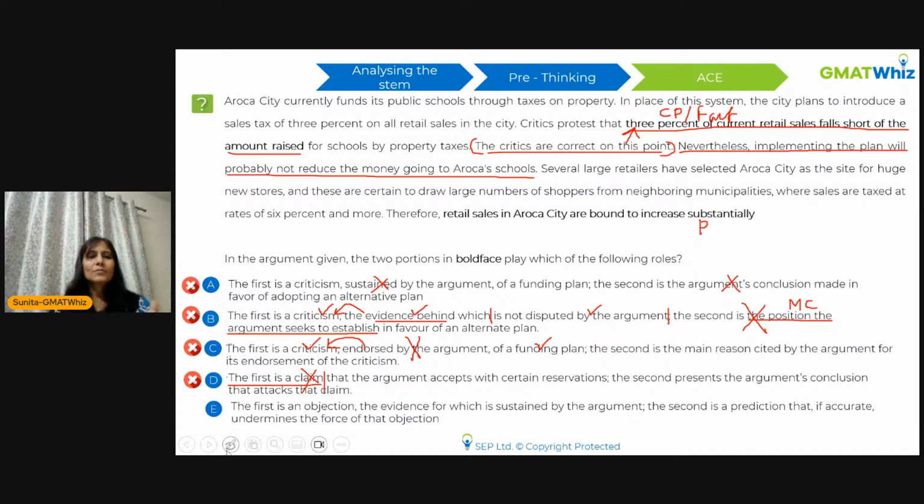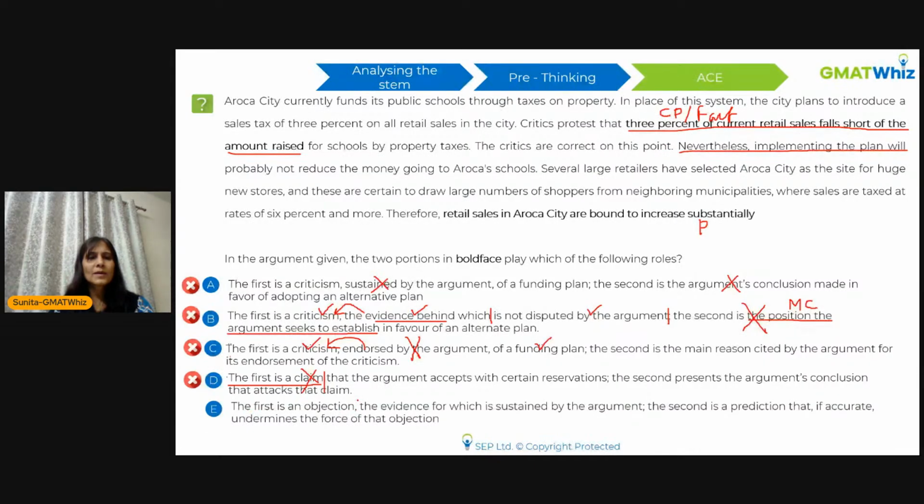I'm just going to analyze E as well. The first is an objection. Let me clear the screen a bit because I want to mark here as well. So let's analyze.